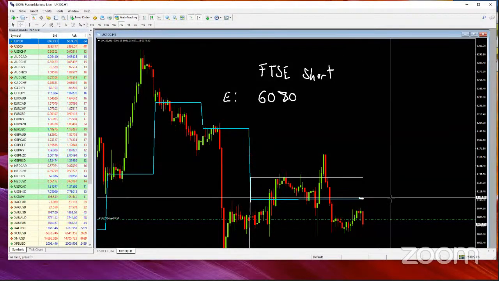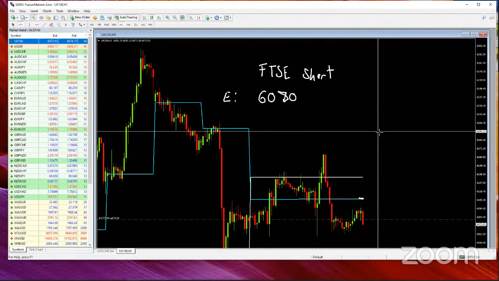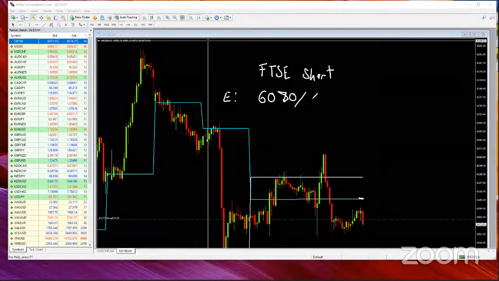So this is just in case we miss it, and 6105 probably will be the next half. So 6105, that's going to be a sell limit.